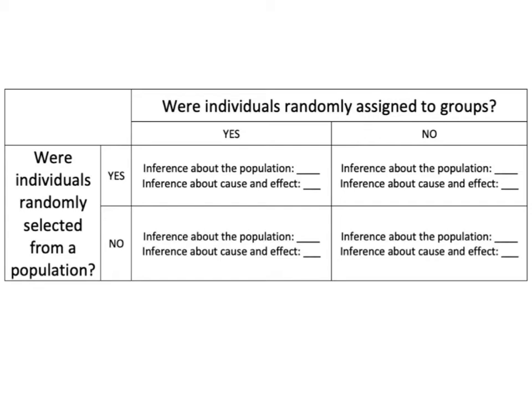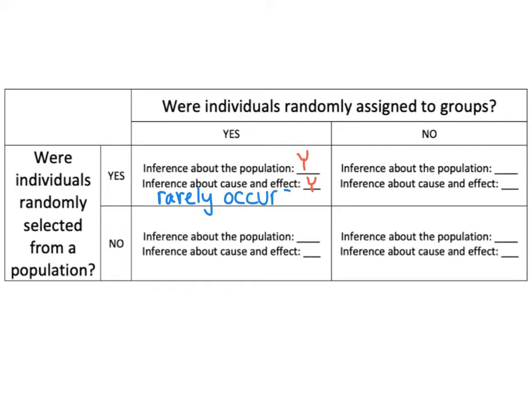So let's talk about the perfect scenario where we can answer yes to both. So were individuals randomly selected from a population over here? If we can say yes to that, then we can make an inference about the population. If they were randomly assigned to groups, we can also say yes. Now, I need to tell you that though this is like the perfect scenario, this rarely occurs.